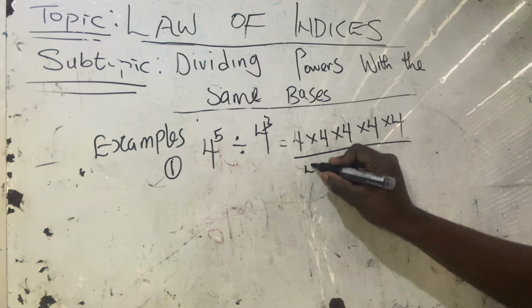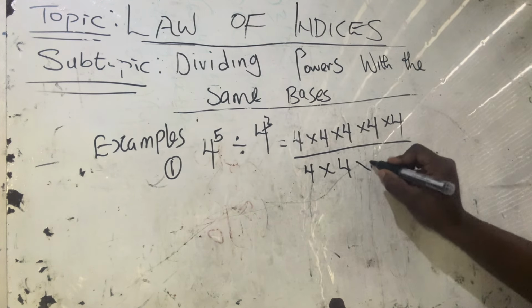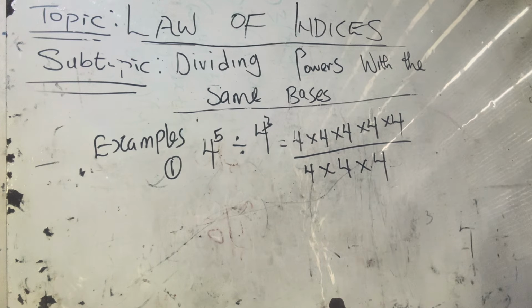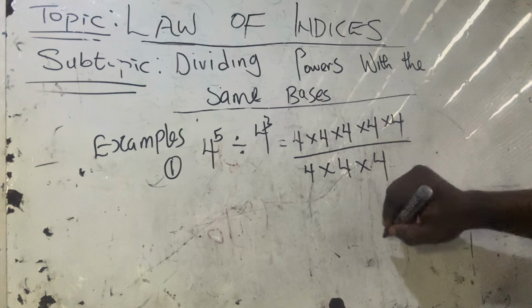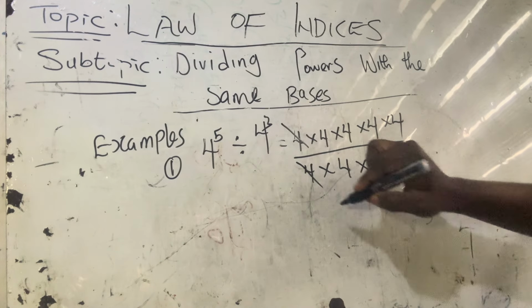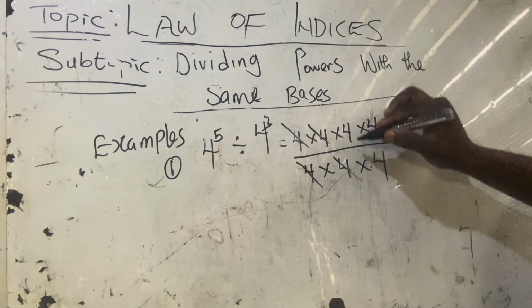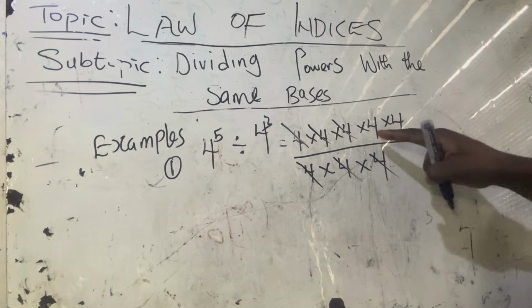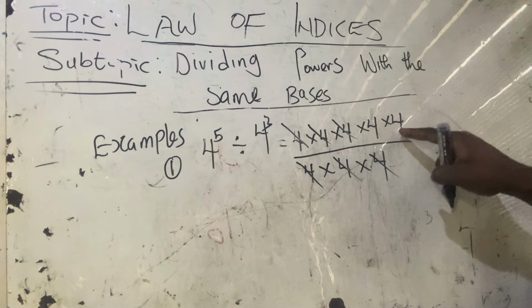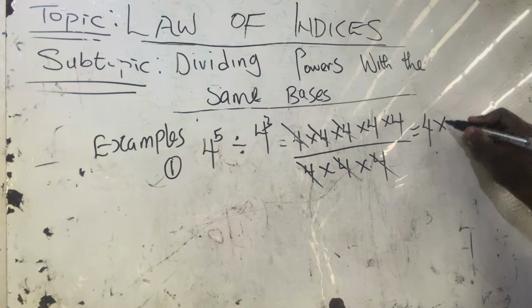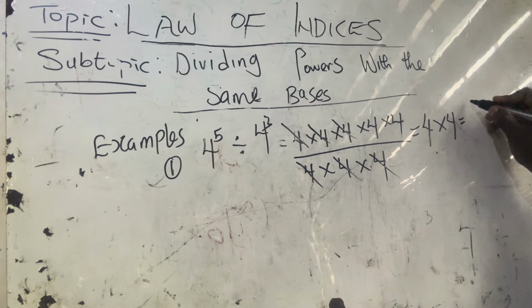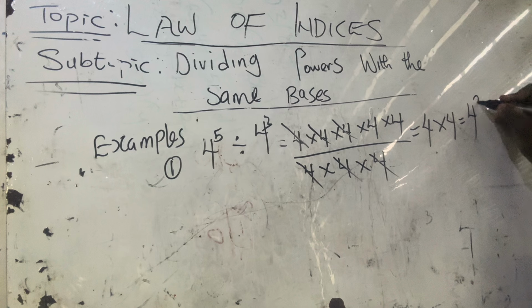That means 4 times 4 times 4, into 3 places. Now, I'm going to be dividing the numbers by crossing it out. This cancel this. This cancel this. 4 cancel 4. How many 4 do we have left? We have 4 multiplied by 4, which gives us what? 4 raised to power 2.